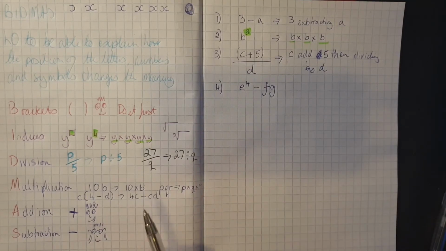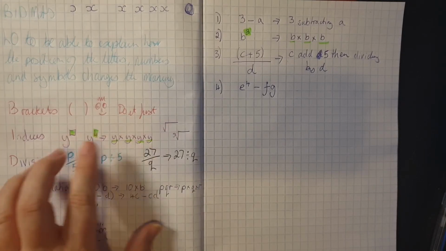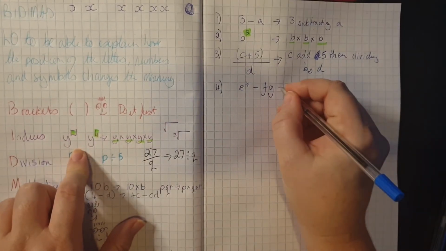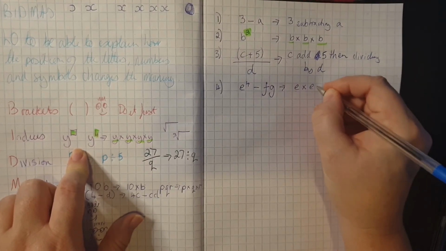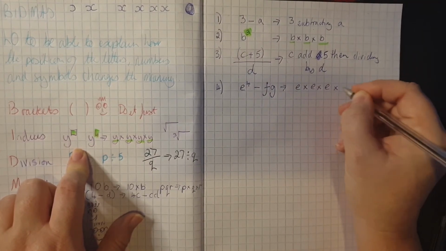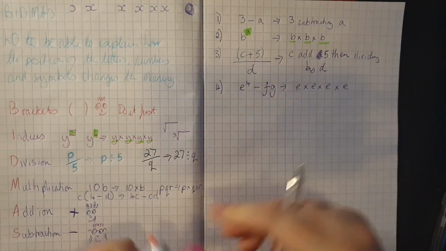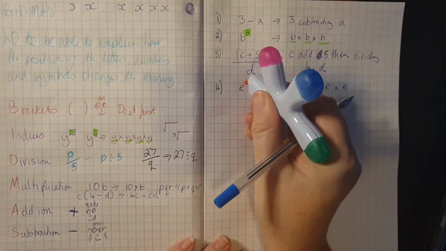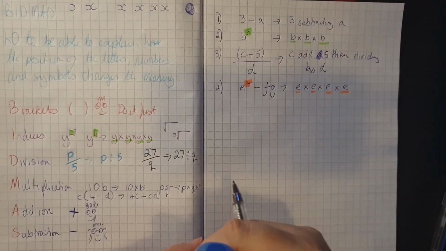So we've got to break it down in steps. So there is no brackets. We've got an indices, so we know we're taking E and we're doing E times E times E times E, because there are how many E's? There are 4 E's. 1, 2, 3, 4. Okay.